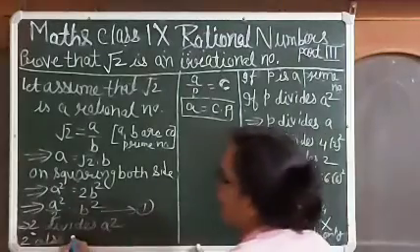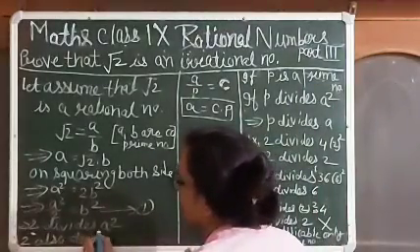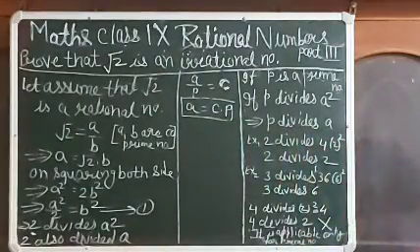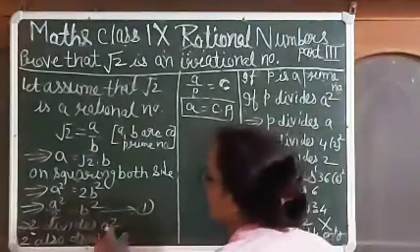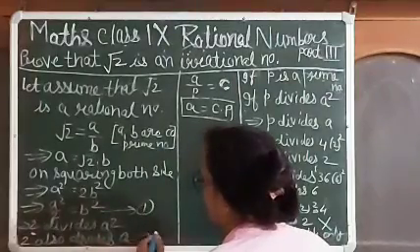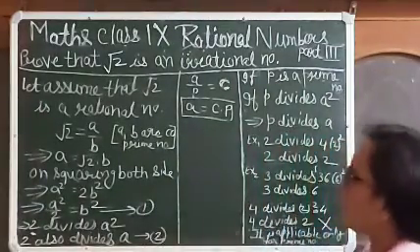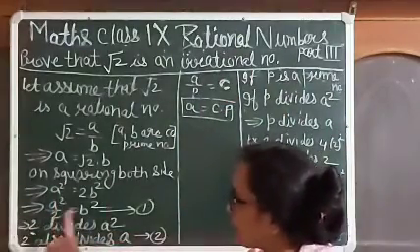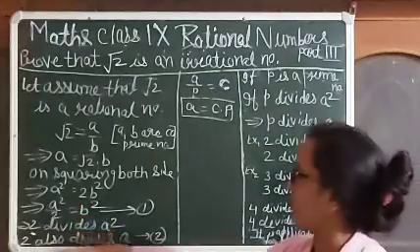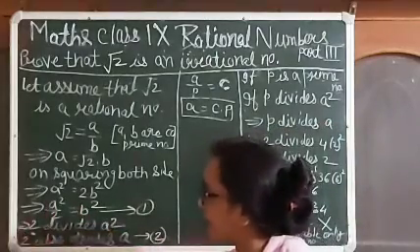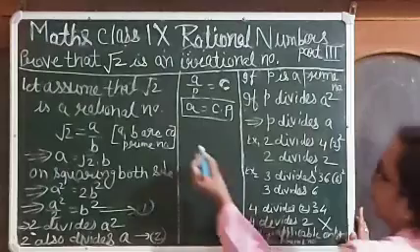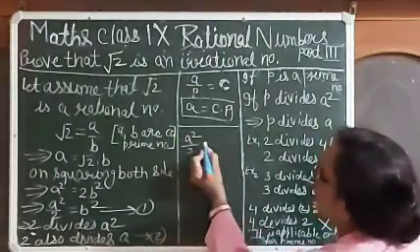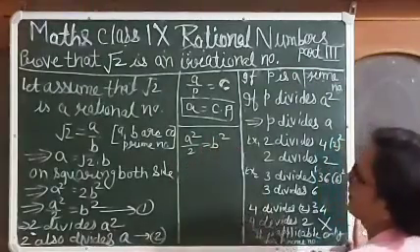So 2 also divides the square root of a square, and in this case 2 also divides a. This is our equation number 2. Now we know that a square upon 2 is equal to b square, and 2 also divides a.